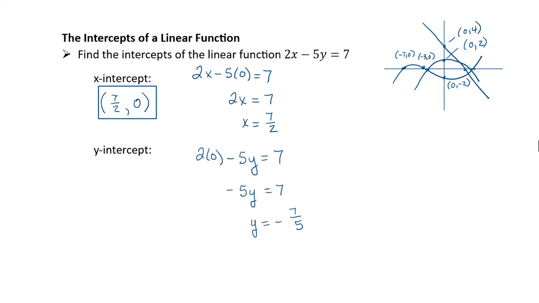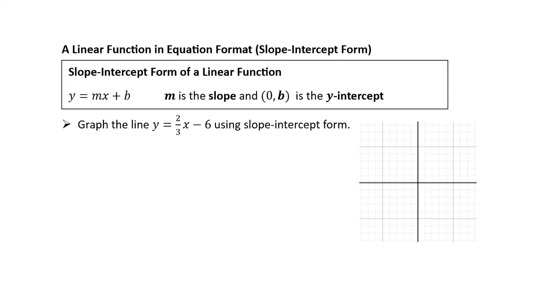Again, we're not finished there. We want to make sure that we put this as a coordinate so that we can see it has x is 0, gives us a y of -7/5.